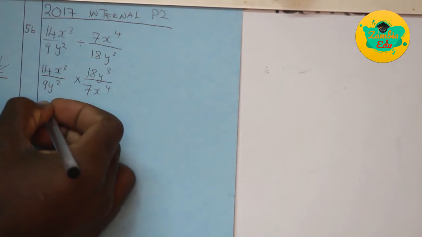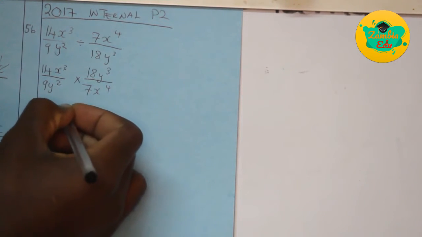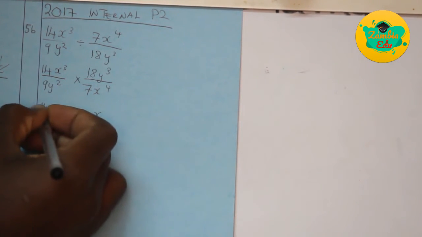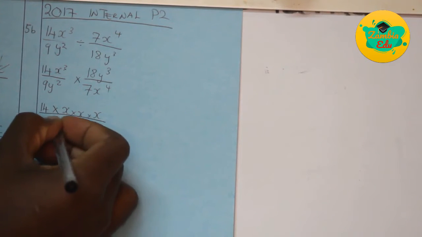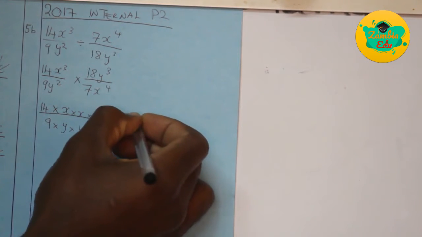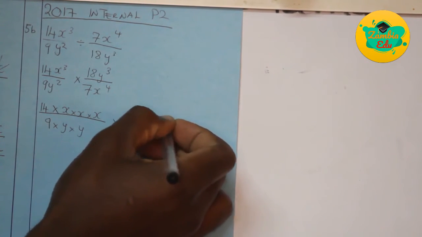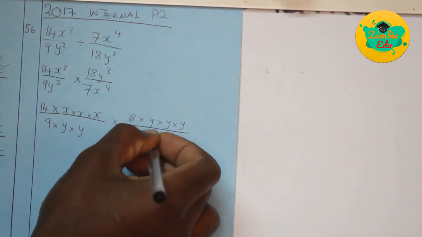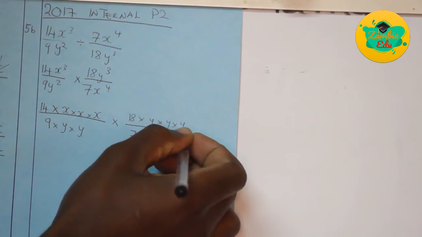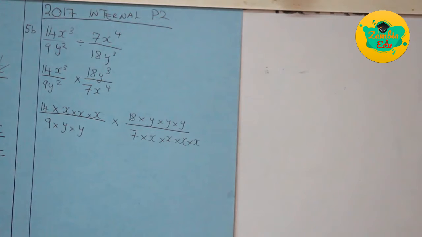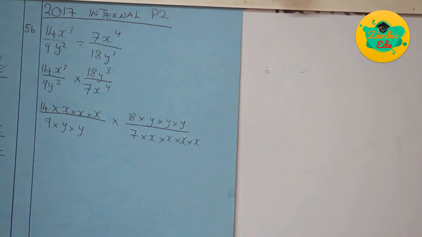When we expand that, what we get is 14 times x times x times x over 9 times y multiplied by 18 times y times y times y over 7 times x times x times x times x, in that way. Now we look at our diagonals and see what is common.